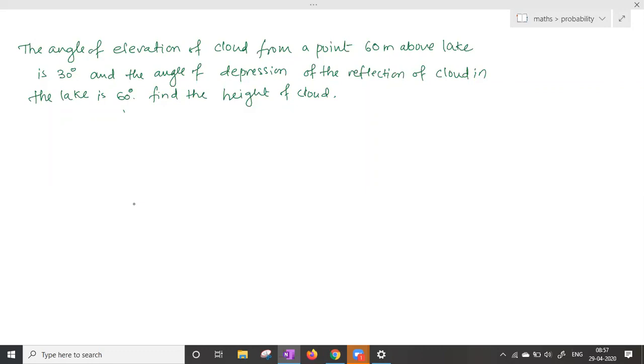A, B, C, D, E. Yes, Rose, you're right. Only draw the proper line between the cloud and reflection. No, Niranjana, it's wrong.